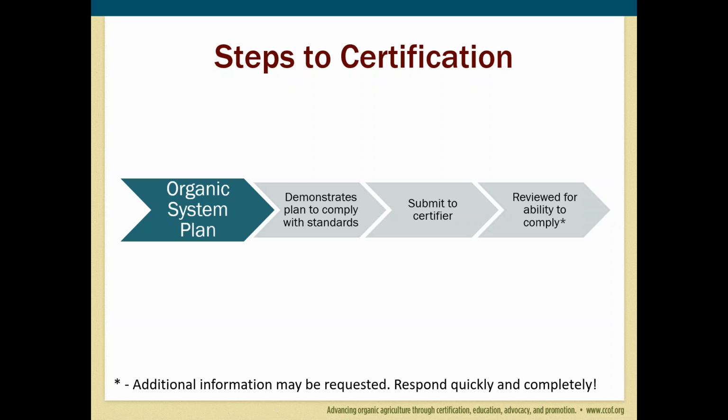You'll hear me say the acronym OSP, which stands for Organic System Plan. Each certifier has its own OSP forms, and they'll look different by certifier, but they are essentially collecting the same type of information, which allows the certifier to confirm whether you have the ability to comply with the regulations.